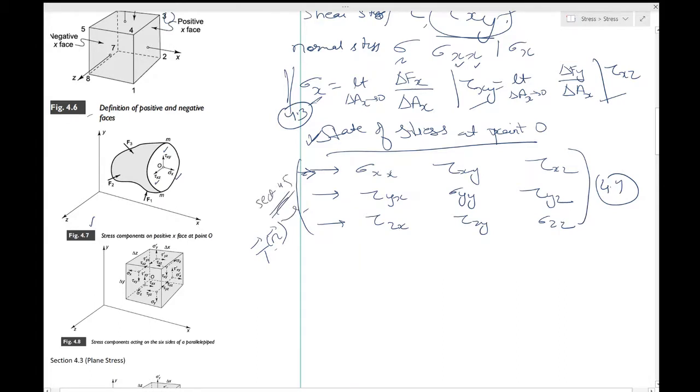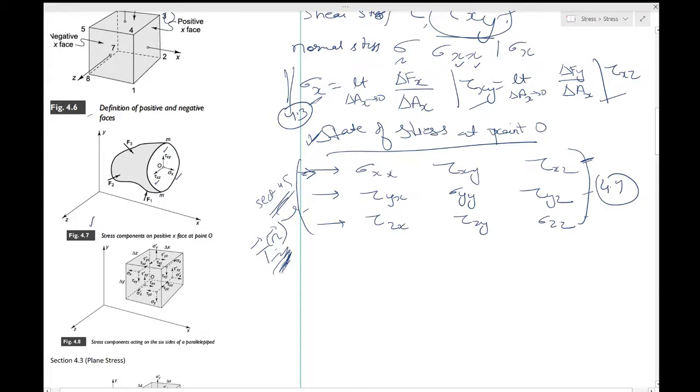The only difference is the n over here is arbitrary. So the plane with which you are making this hypothetical cut at O is arbitrary. In this case, the plane with which you are hypothetically cutting at the same point is directed along the x-axis, y-axis and the z-axis. That is the difference between this and this. The relationship we'll see in section 4.5.